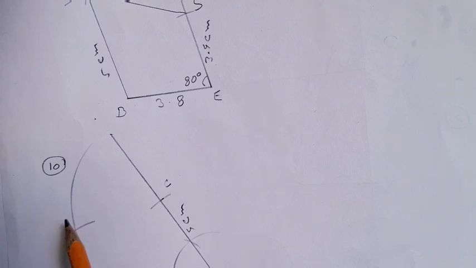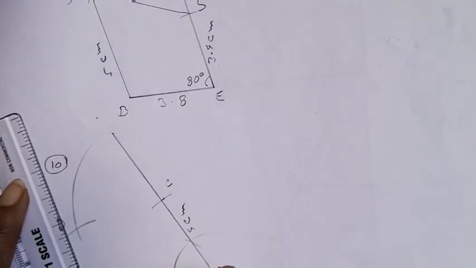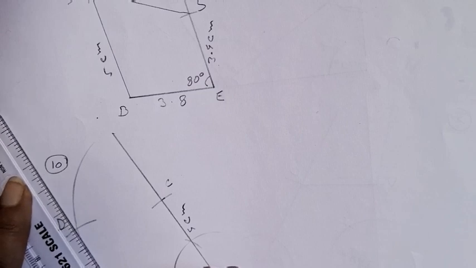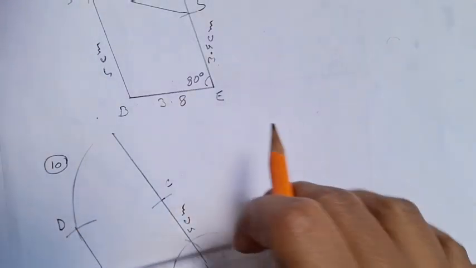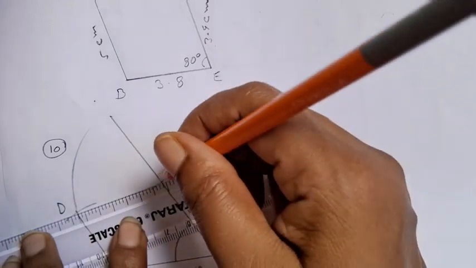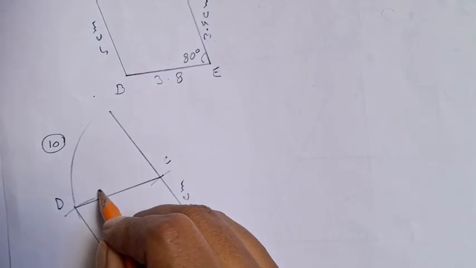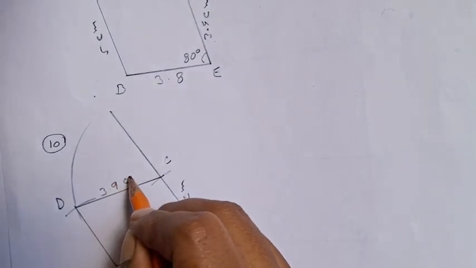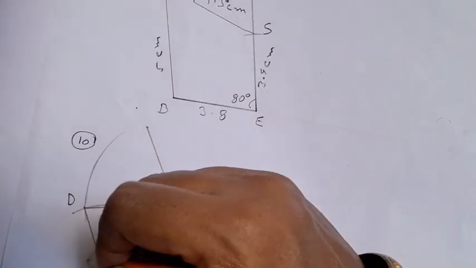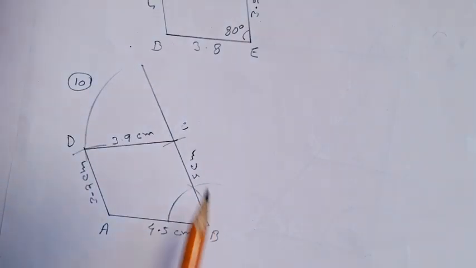This point is D. Now I join AD and DC. ABCD is our required quadrilateral.